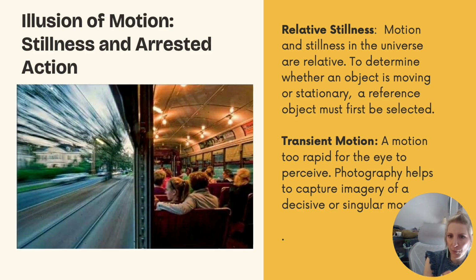If we look at this example on the left of relative stillness and transient motion, we're seeing that use of relativity within that composition. We visually interpret the stillness of people sitting on a train and the rapid motion of the environment passing them by through the use of photography to capture this as a singular moment.